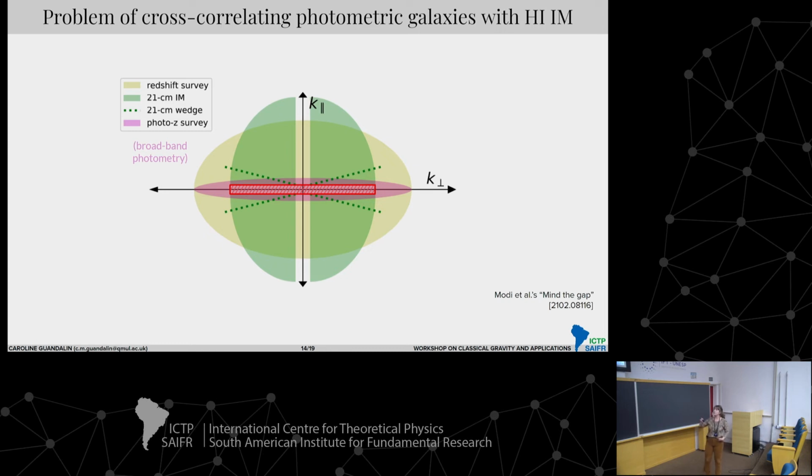However, when it comes to cross-correlating galaxies from a photometric survey with spectroscopic surveys, we have a geographic non-overlap. So they sample different regions of the sky. So we can use intensity mapping to do that, because there is an overlap between photometric surveys and 21 centimeter intensity mapping surveys.